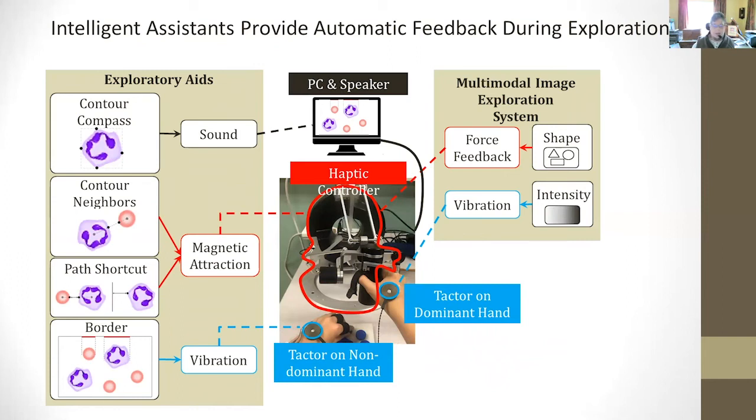This automatic feedback could be a way of allowing the system to say, hey, you're close to the edge, or to understand when you're looking at one, in this case, blood cell, that it's close to the edge of the image or to other cells, or its approximate location within the entire image.